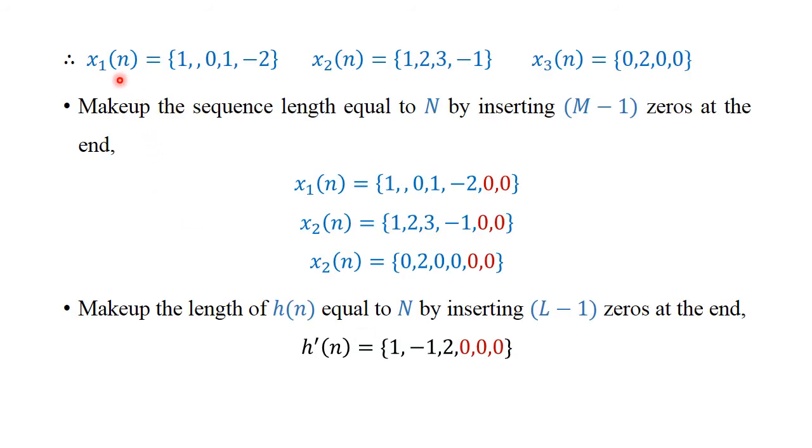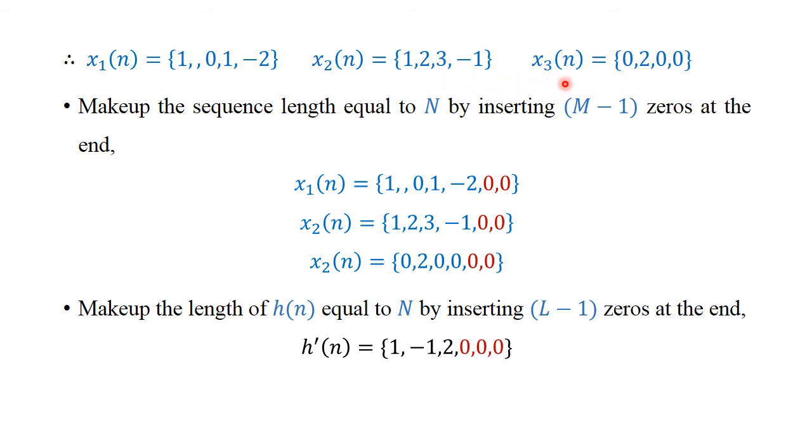Now the sequence is being divided. Of the total 10 values, x1 of n takes the first 4 values, and x2 of n takes the next 4 values, so a total of 8 values are completed. Then x3 of n has only 2 values remaining. Remember, the length of x of n is 10 and the smaller sequences have length 4.